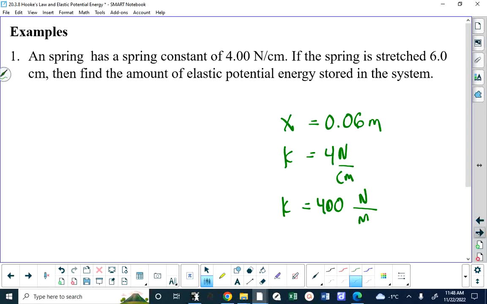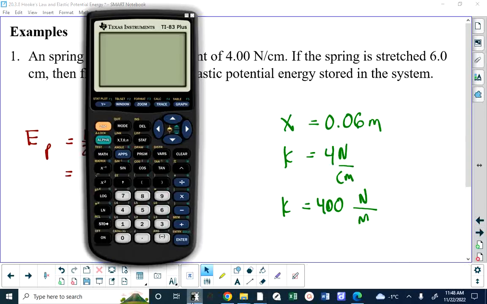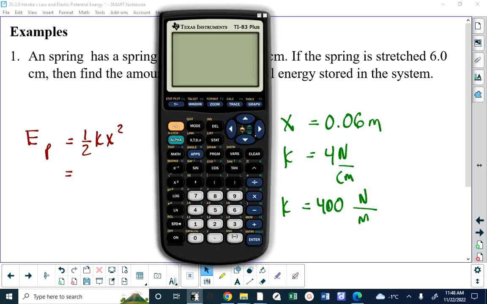So what's the elastic potential energy? At this point in time, this is child's play. It's 1/2 kx squared. I'm not even going to write down these numbers. 0.5 times 400 times 0.06 squared. You might be surprised to learn that forgetting to square this is a very common error, more common than you would think.